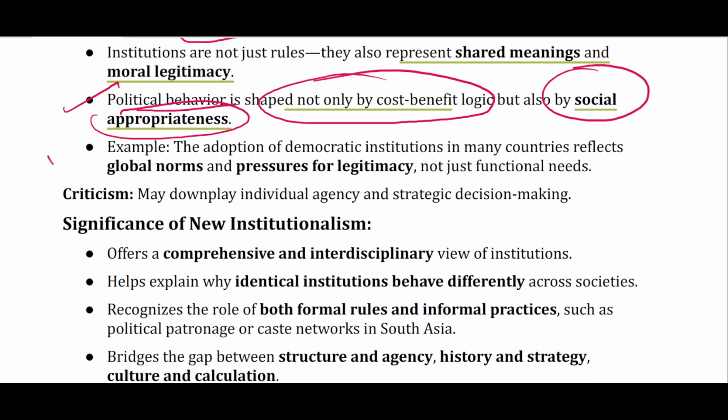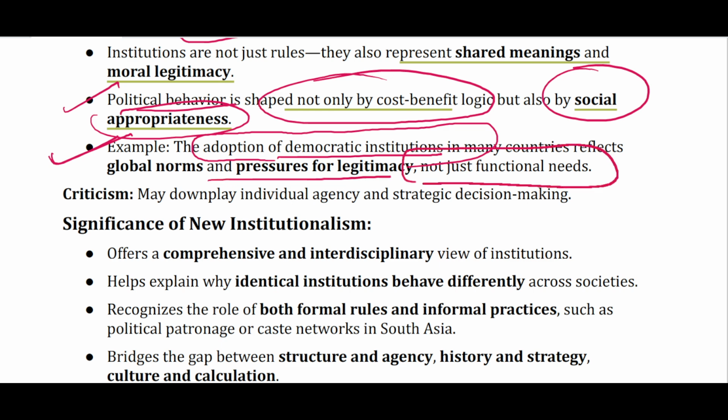For example, many countries shifted to democracy. They have adopted democratic features like holding elections, but those shifts are under global pressure for legitimacy, and they do not serve any functional needs.